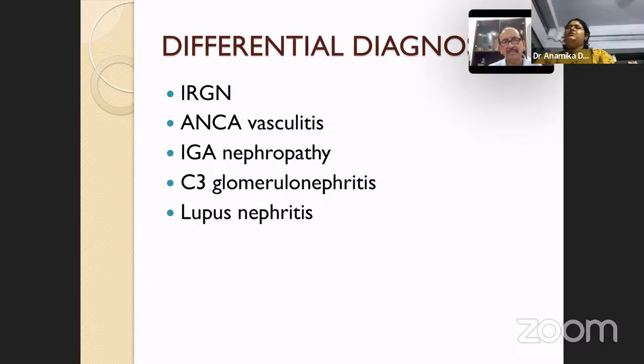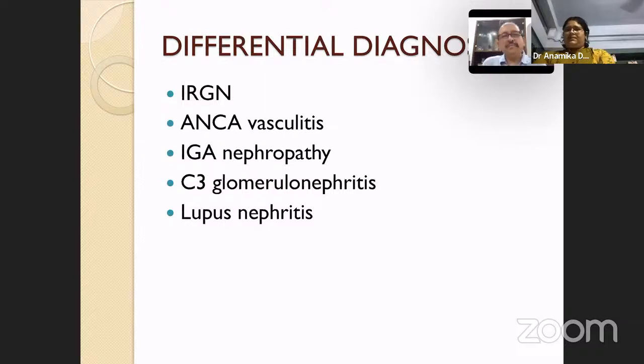Also, due to her age, we kept lupus nephritis as a differential, but as in her previous presentation, in the current presentation also she did not have any systemic features of lupus or SLE. There were no new onset rashes, joint pain, or any other systemic involvement suggestive of a connective tissue disease.